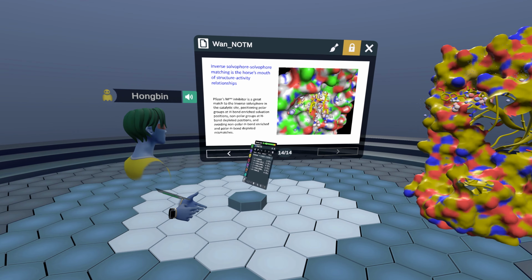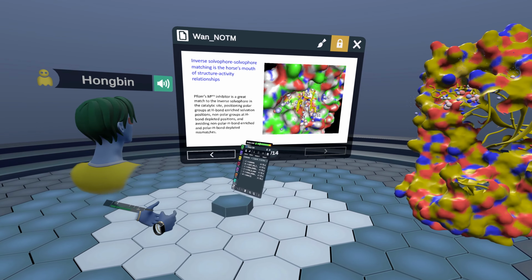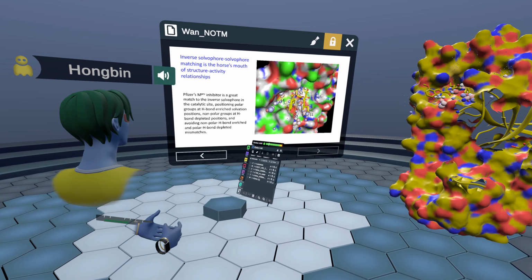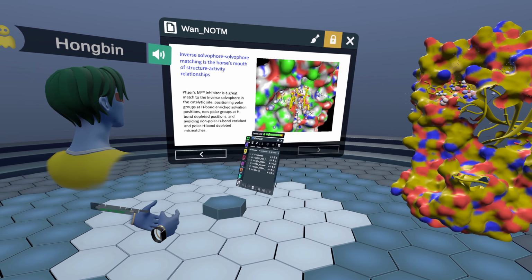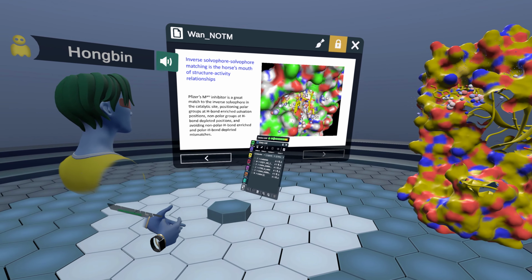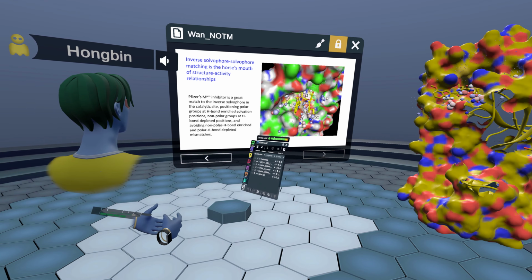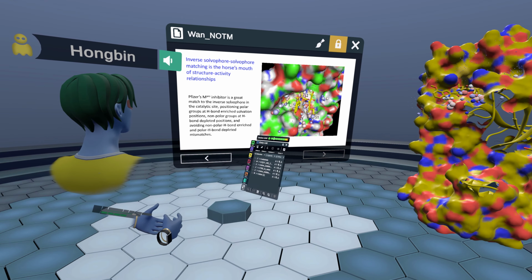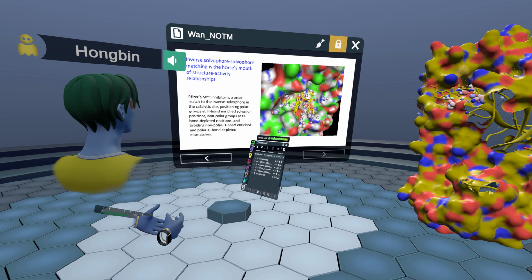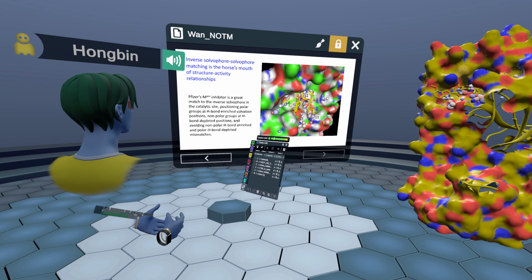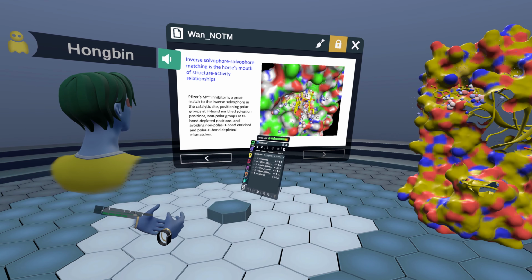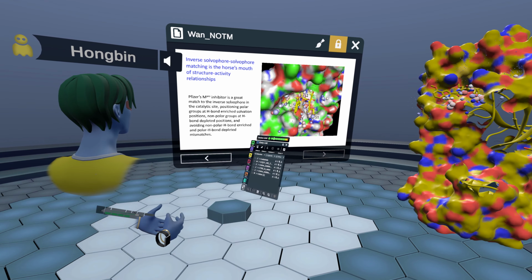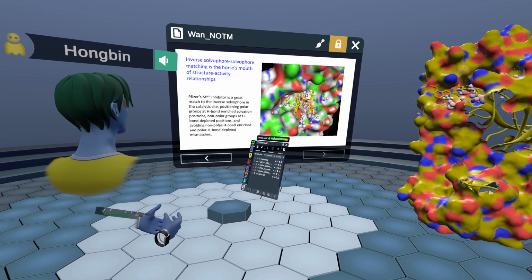So in our paper, we studied several Mpro inhibitors, including the one that Pfizer published last year as a drug analog. In our paper, we would like to see the complementarity between the ligands and the inverse solvophore from our calculations.